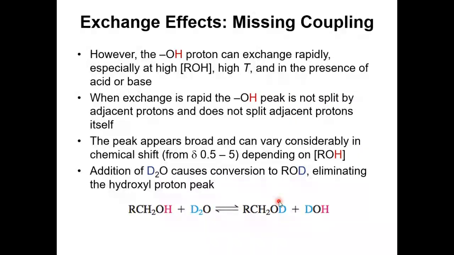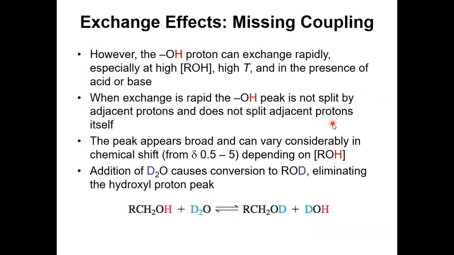So an alcohol OH can lose its proton. And so the OH protons can exchange rapidly, especially when the alcohol concentration is high, or the temperature is a bit high, or in the presence of acid or base. So when exchange is rapid, the OH peak is not split by adjacent protons and does not split adjacent protons itself.